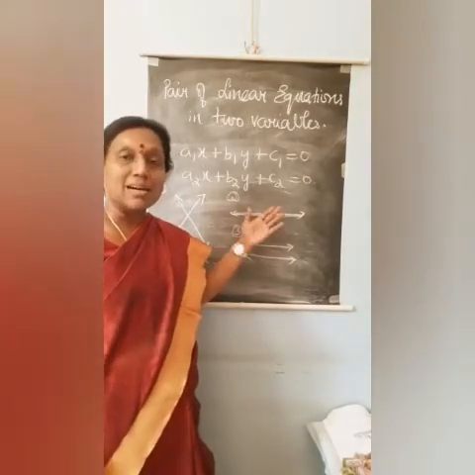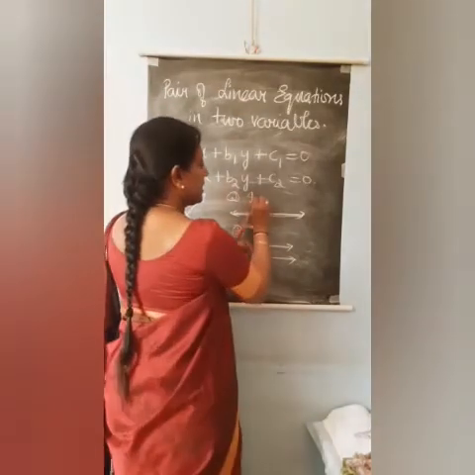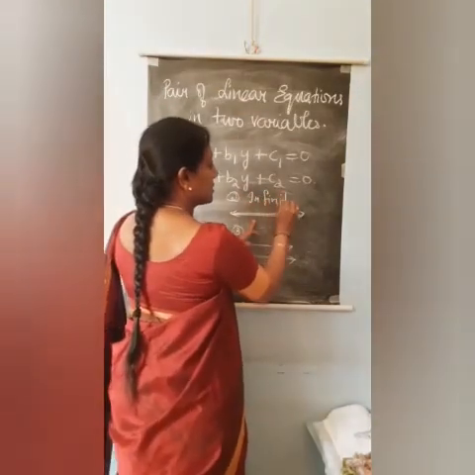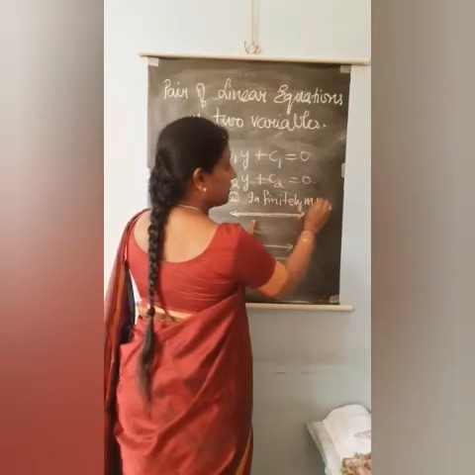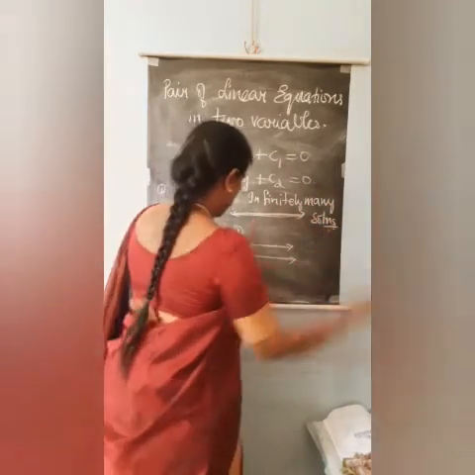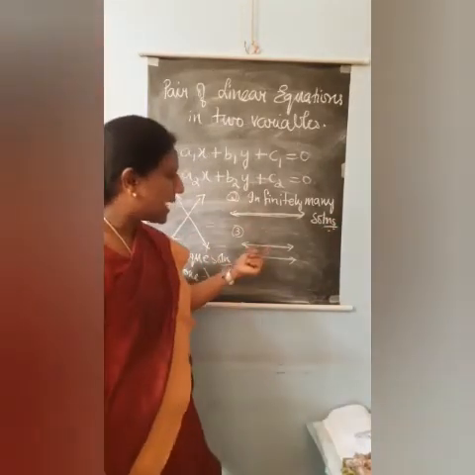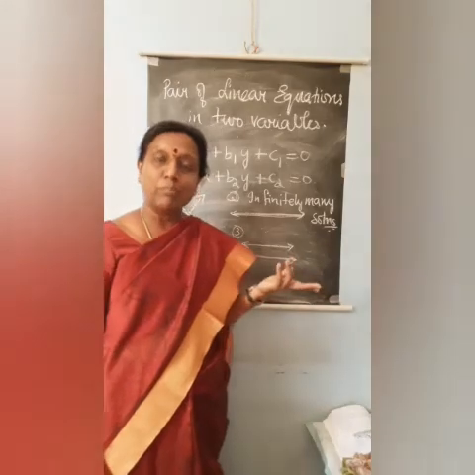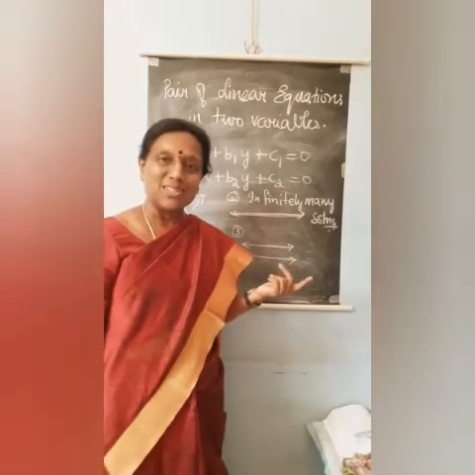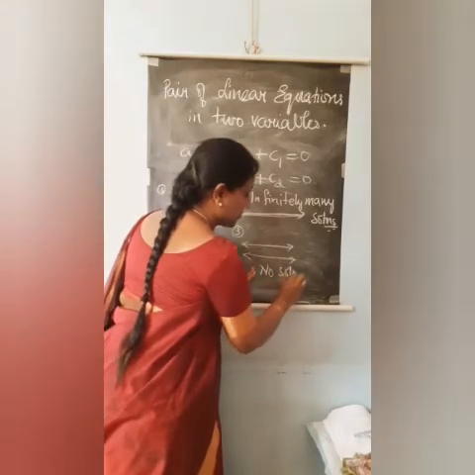So the answer for those two equations will be infinitely many solutions. Now when they are parallel, there is no common point, so it is understood that it has no solution.